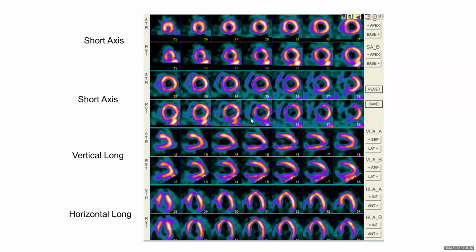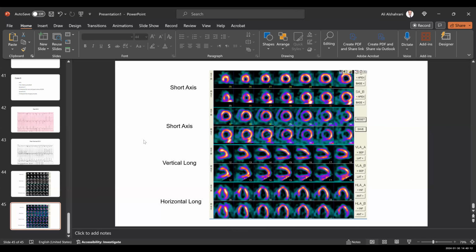One thing that you have to look at is also the inferior. So the basal inferior is showing some improvement in the perfusion defect. So this is a multi-territory, or two-territory, LAD and RCA ischemia. Okay, so I think this is all we have today, and I wish you all the best. Thank you.